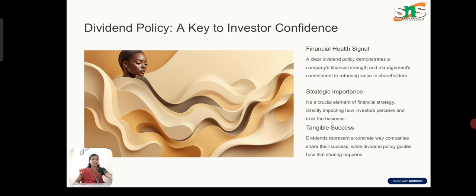The second one is strategic importance: a crucial element of financial strategy alongside investment in the business. The third one is tangible success. Dividends represent the way a company shares its success. The whole dividend policy guides how the sharing happens.